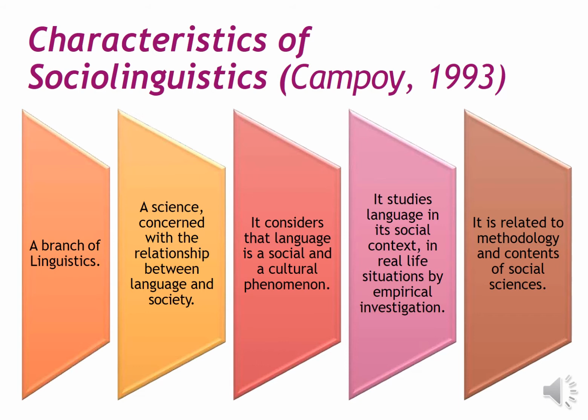At the third level, sociolinguistics considers that language is a social and cultural phenomenon. The most prominent aspect is that we can never judge a language without society. If we have no society, we have no language.